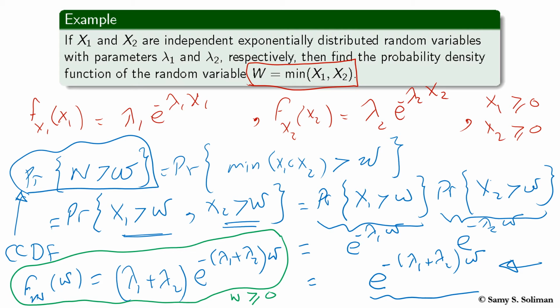So it is a general rule that if we have order statistics of a set of independent exponential random variables, specifically if we want to find the PDF of the minimum of independent exponential random variables, it will be another exponential random variable whose parameter is equal to the summation of the parameters of the individual exponential random variables. So again, here we have the new random variable, the minimum of X1 and X2, exponential with a parameter, or with average rate, of lambda 1 plus lambda 2.